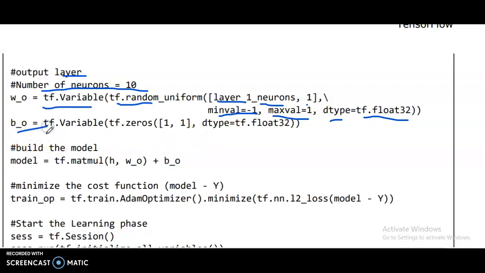P_O: TF variable of TF zeros 1, 1, data type TF dot float 32.